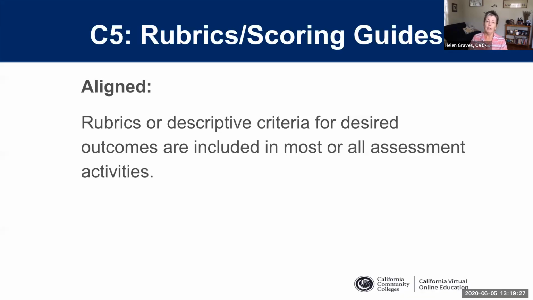All right, moving on. C5 is about rubrics and scoring guides, and the definition of aligned for this one says that rubrics or descriptive criteria for desired outcomes are included in most or all assessment activities. I have to admit, I don't like that it says most.